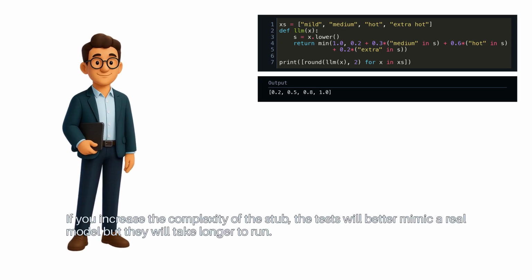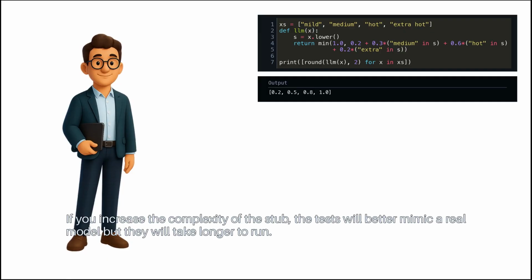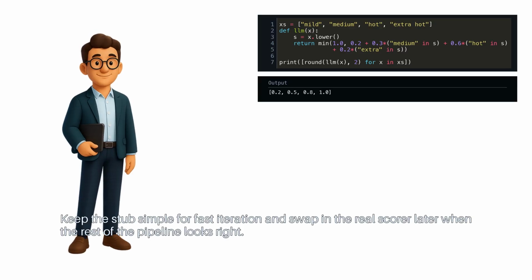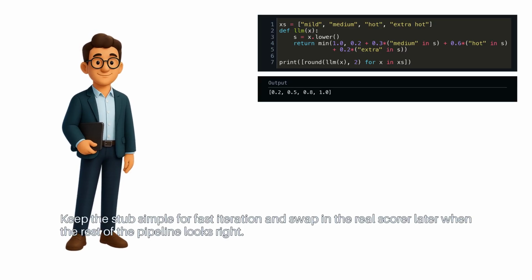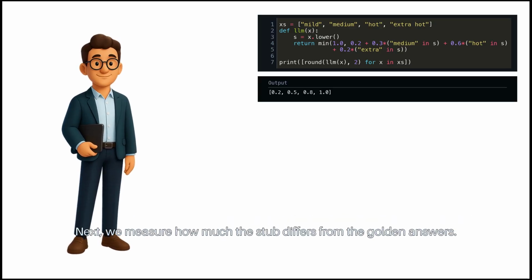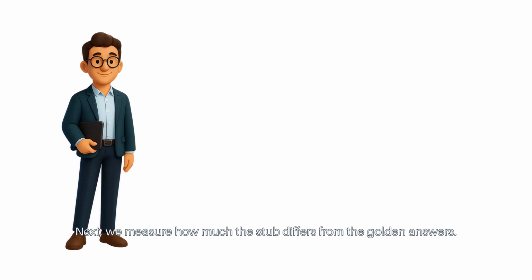If you increase the complexity of the stub, the tests will better mimic a real model, but they will take longer to run. Keep the stub simple for fast iteration and swap in the real scorer later when the rest of the pipeline looks right.